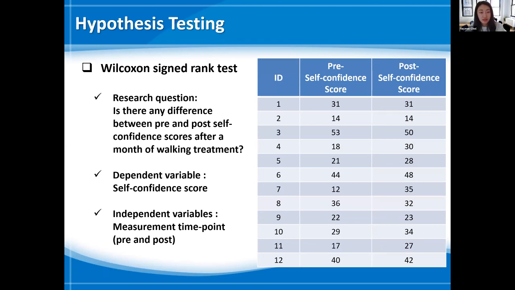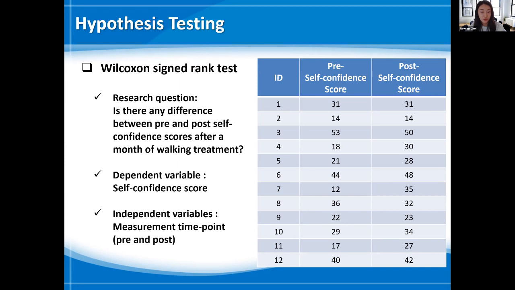Let's see the hypothesis testing process together. The research question toward this data is: is there any difference between pre and post self-confidence scores after a month of walking treatment? In this data, the dependent variable is going to be the self-confidence score, and the independent variable is going to be the measurement time point, which are pre-treatment and post-treatment.